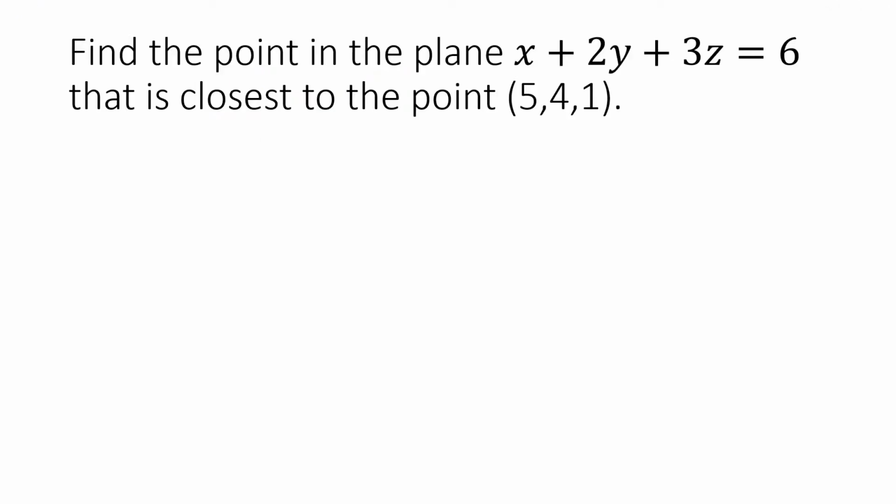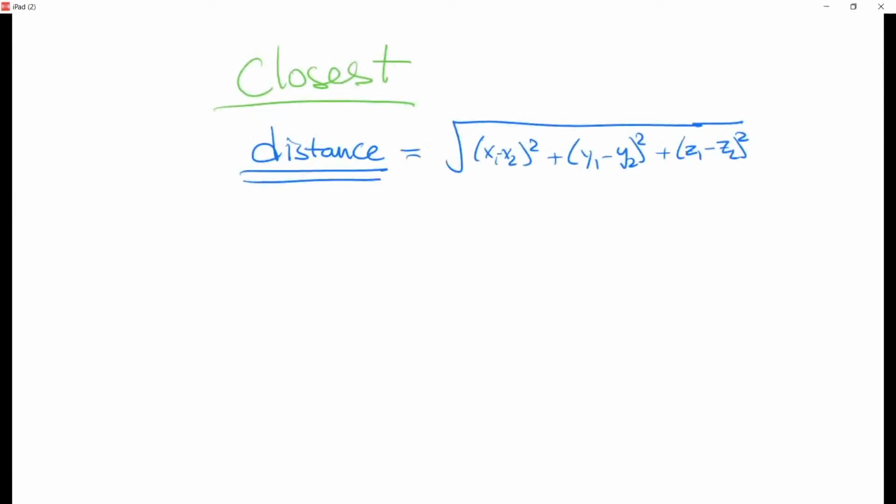So which is which? So Lucas, let's deal with the 5, 4, 1. What would you like that to correspond to in my distance formula? I can make it x1, y1, z1, right? Okay, we're going to do that.